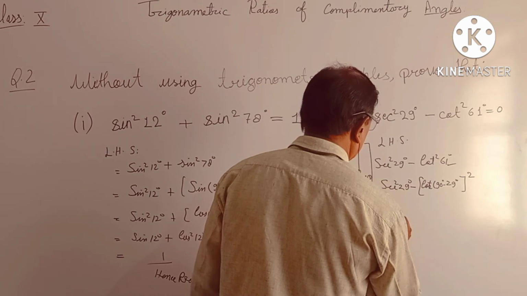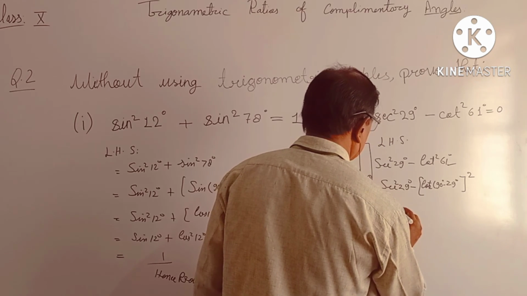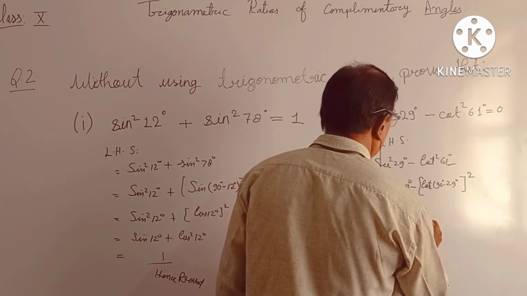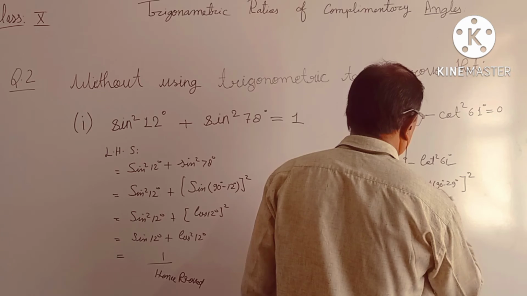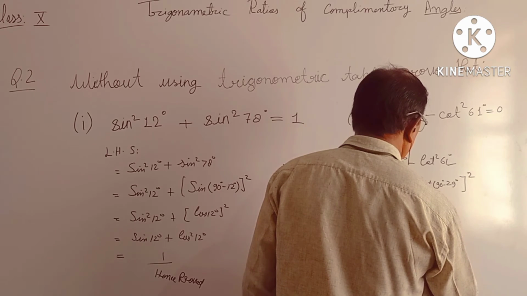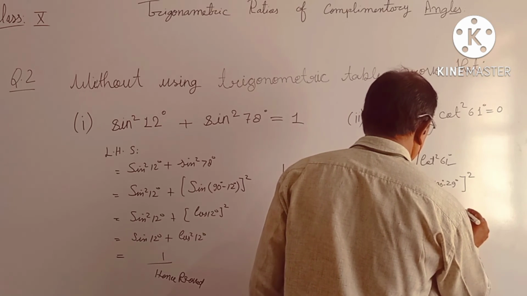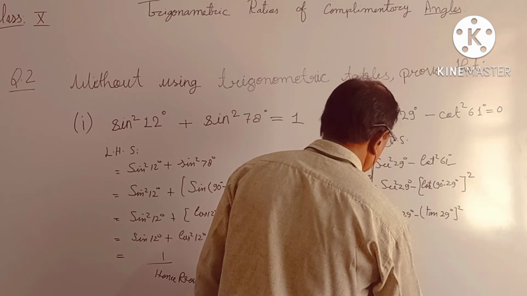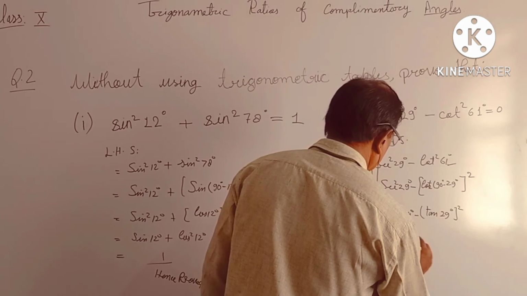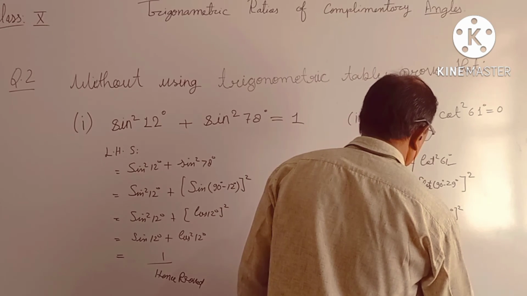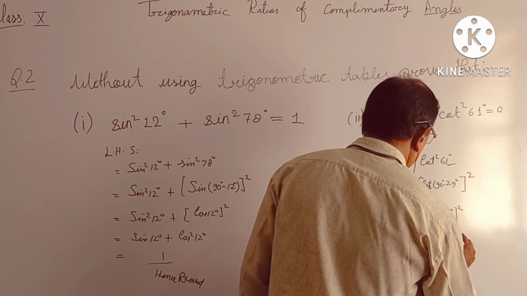Now sec square 29 degree minus cot 90 minus theta equals tan theta, so tan 29 degree whole square. Now we write sec square 29 degree minus tan square 29 degree.